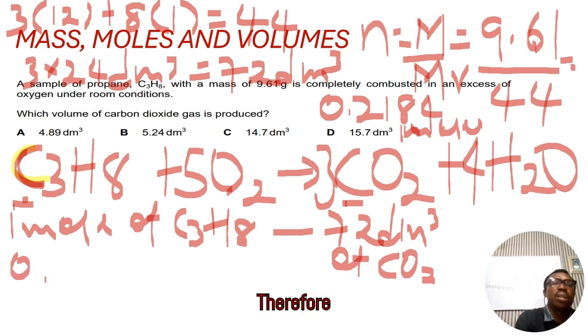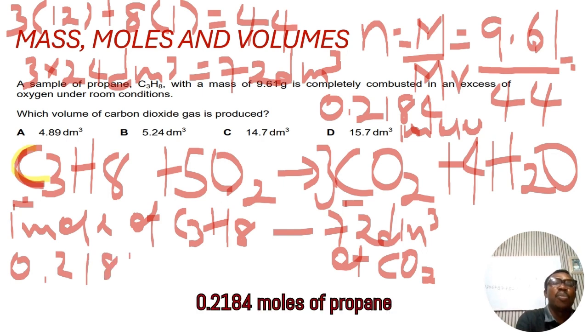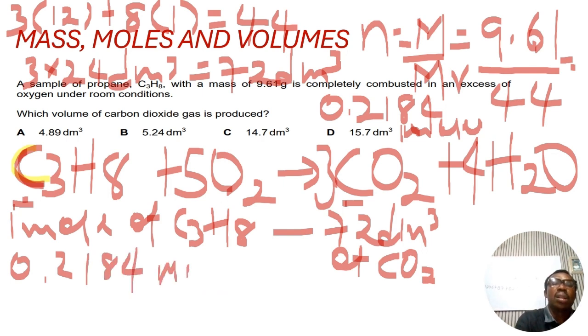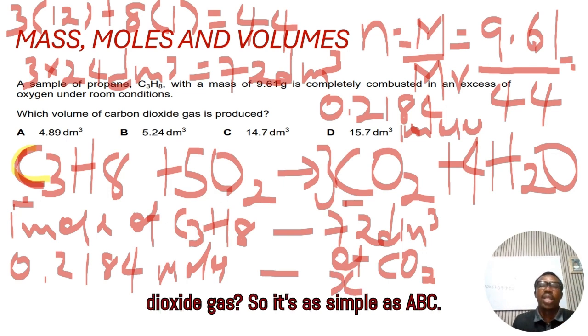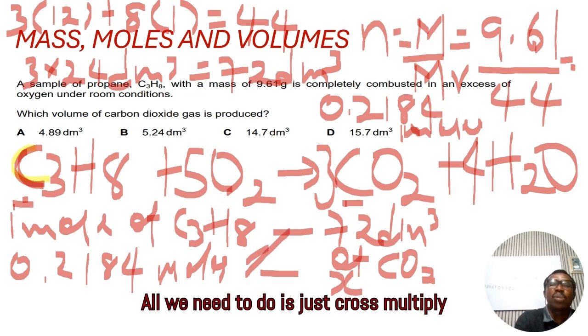Therefore, 0.2184 moles of propane will produce what volume of carbon dioxide gas? So it's as simple as ABC. All we need to do is just cross multiply.